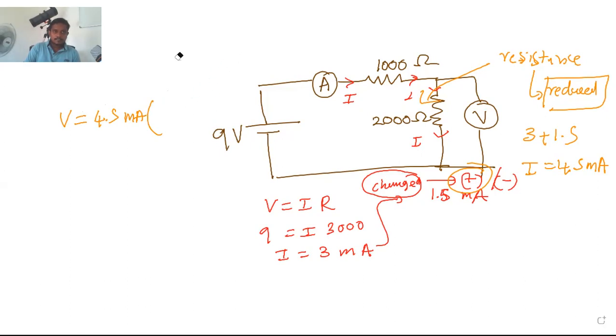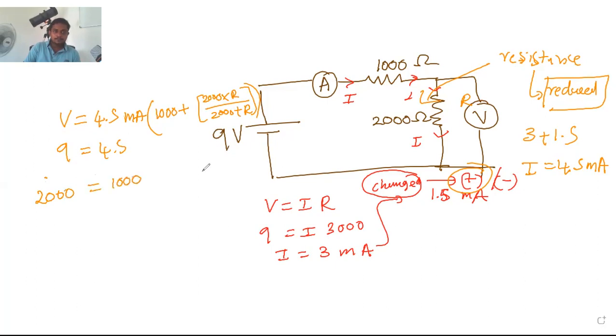The total resistance we are getting is 1000 plus, if this resistance is R, 2000 into R over 2000 plus R, as I mentioned earlier. This is milliamperes, this is 90, you are getting 4.5, and finally this side you are getting 2000.